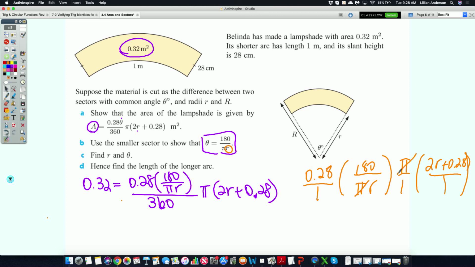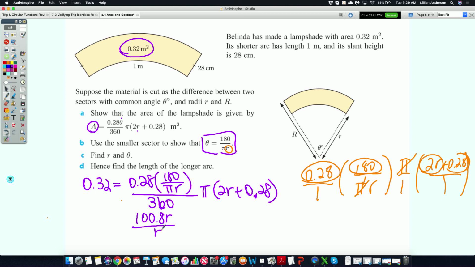Okay? So really, you're just left with 0.28 times 180 times 2r, and then 0.28 times 180 times 0.28. And then you have a divide by r for both of them. So what's 0.28 times 180 times 2r? 100.8r.